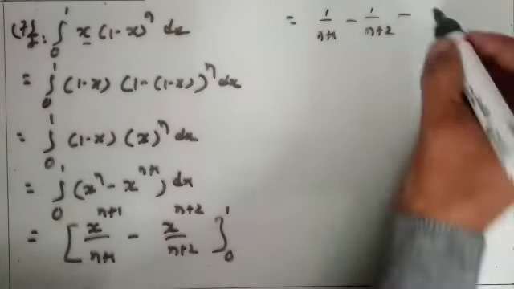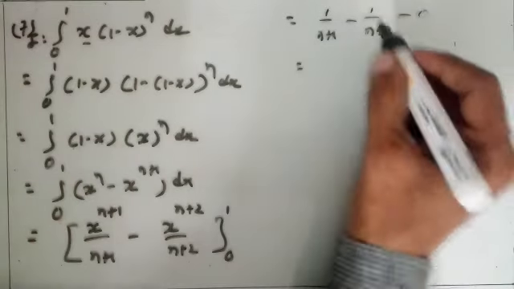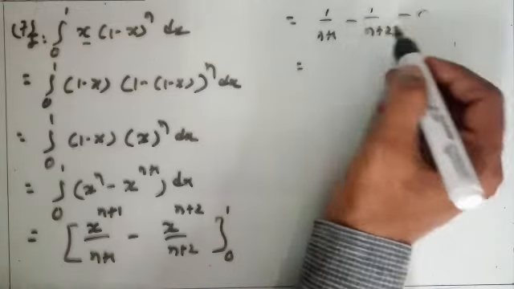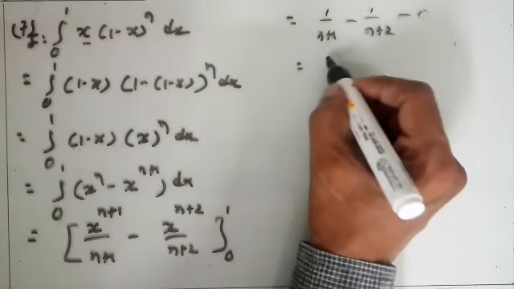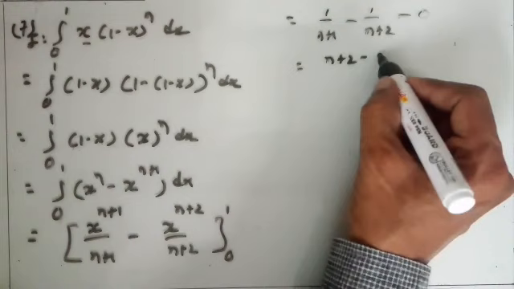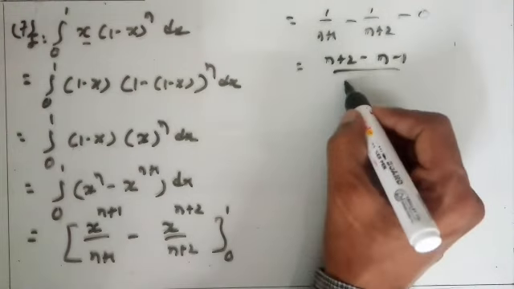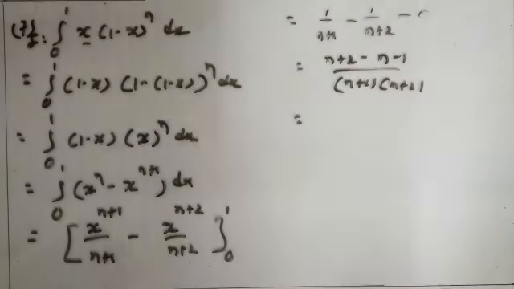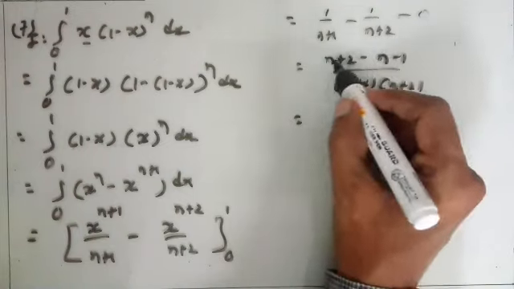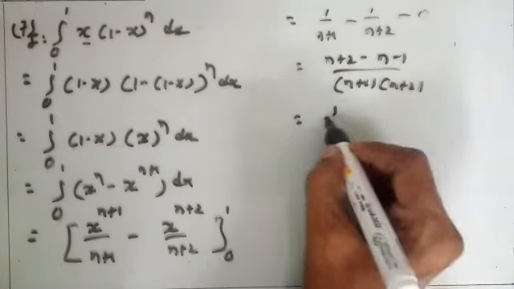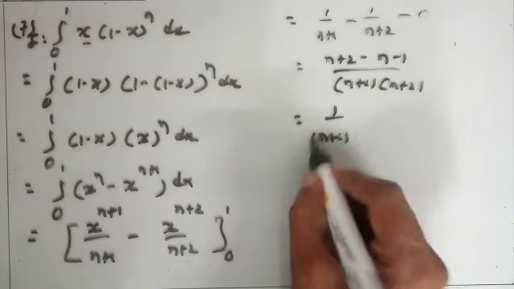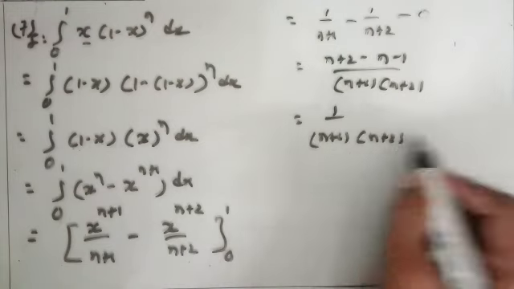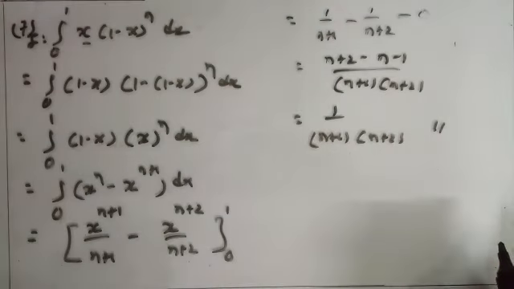Clear? So 1 upon n plus 1 minus 1 upon n plus 2. Now take the LCM: n plus 2 minus n minus 1 upon n plus 1 into n plus 2. Simplify this. Minus n plus n cancel, 2 minus 1 becomes 1 upon n plus 1 into n plus 2. Answer. Clear? Now the remaining questions we will solve in the next lecture.